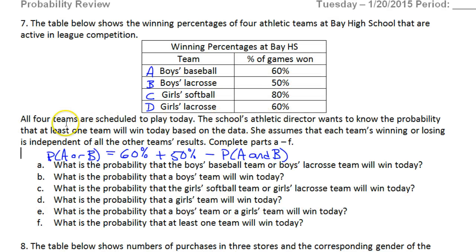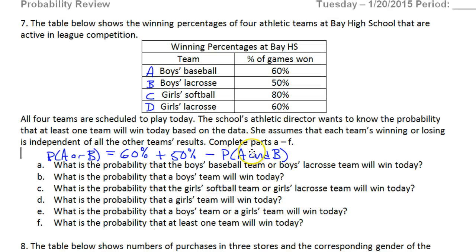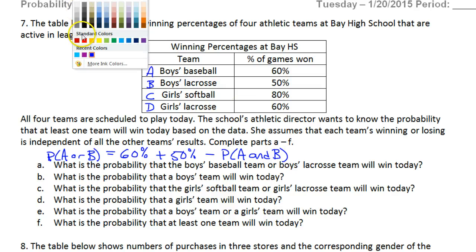Luckily, they said in the problem, she assumes that each team's winning or losing is independent of all other teams' results. So that means we can use this formula. If I want to find the probability of A and B, all I need to do is multiply the individual probabilities together.